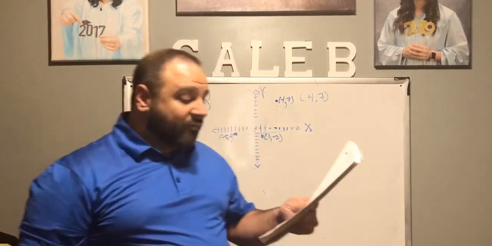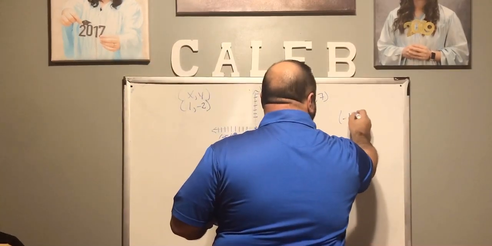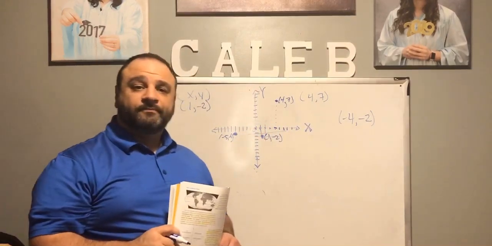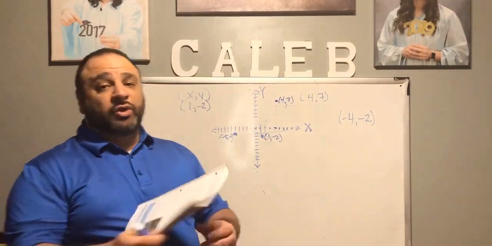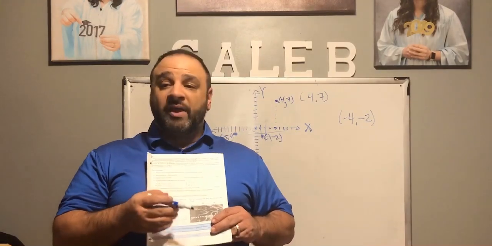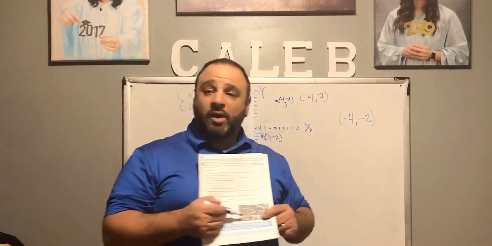So for number 11, the coordinates would be -4, -2. Again, you can see it's located in the third quadrant.